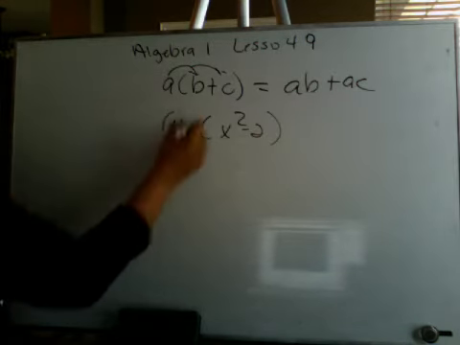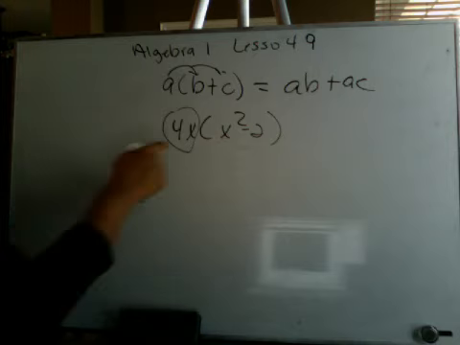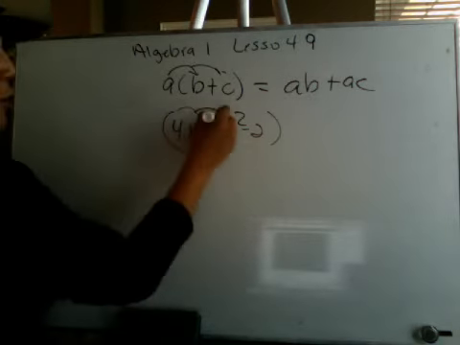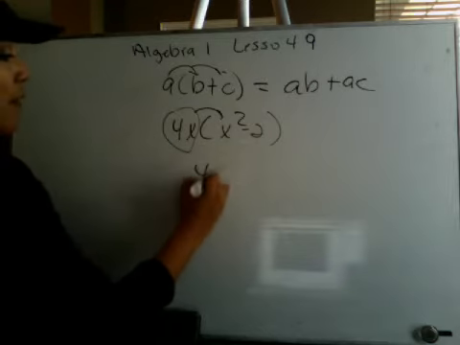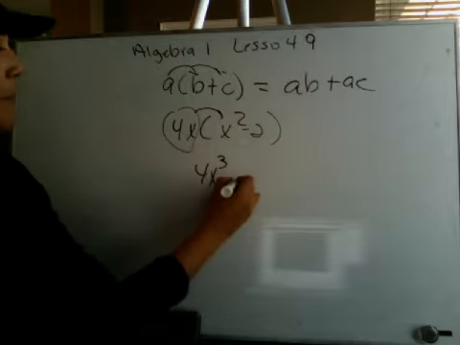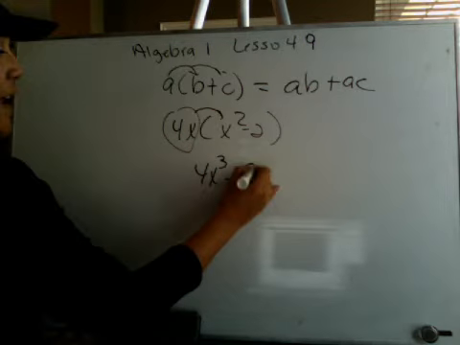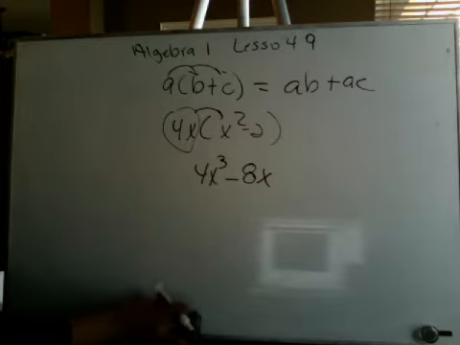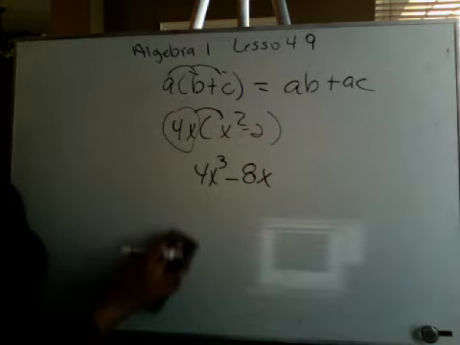We take everything here, because it's one term, times however many terms are inside the parentheses. When we distribute, there is 4x cubed, x times x squared is x cubed, minus 2 times 4 is 8, and then x. And that would be your answer. So that's pretty easy to do.